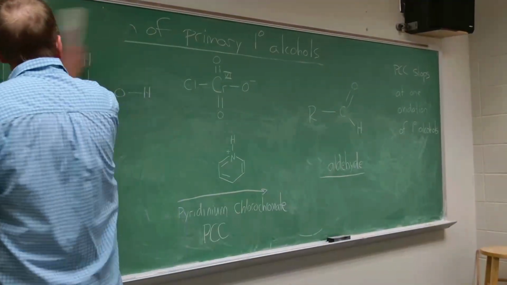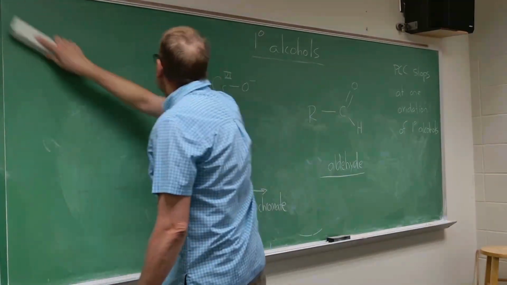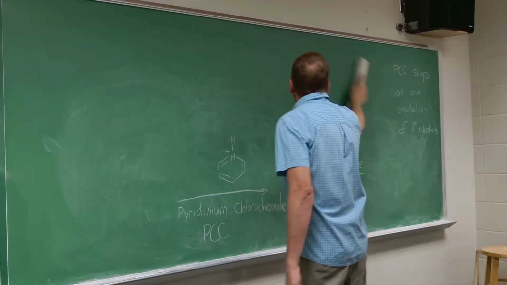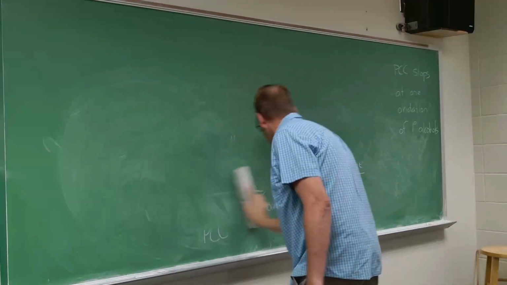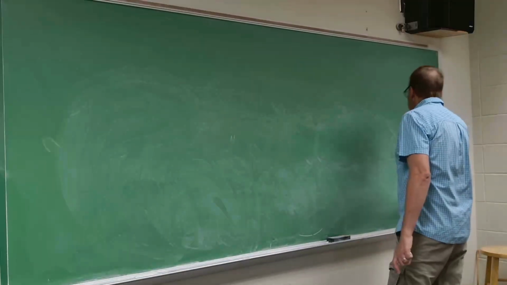All right, let's talk about secondary alcohols. And thankfully, secondary alcohols are simpler. They have less complicated oxidation chemistry because they have only one H on the carbon that has the OH bonded.